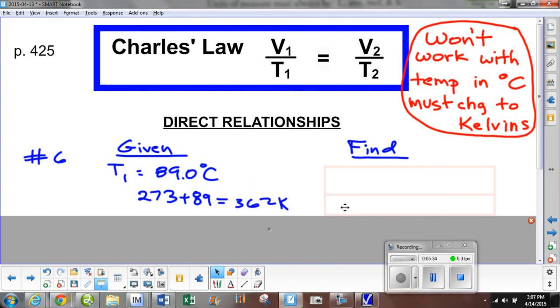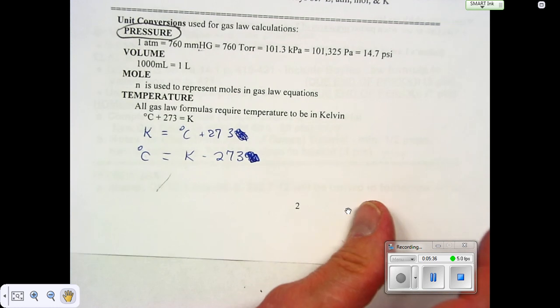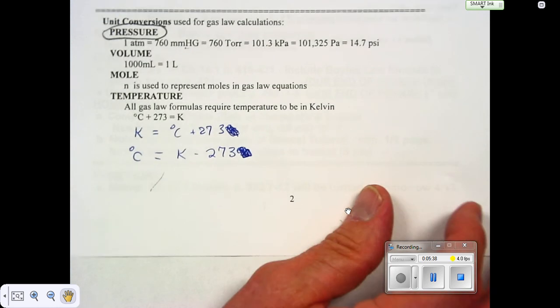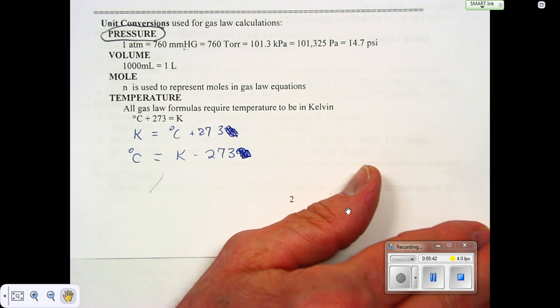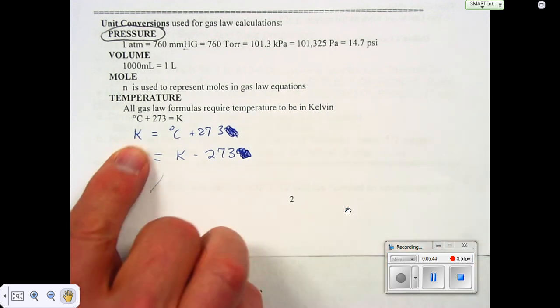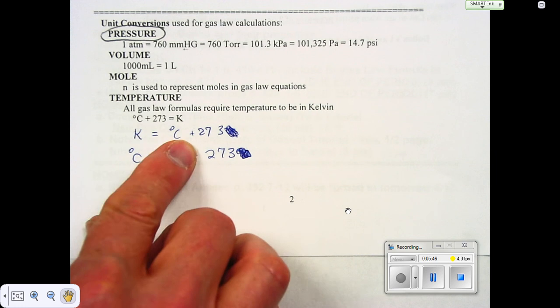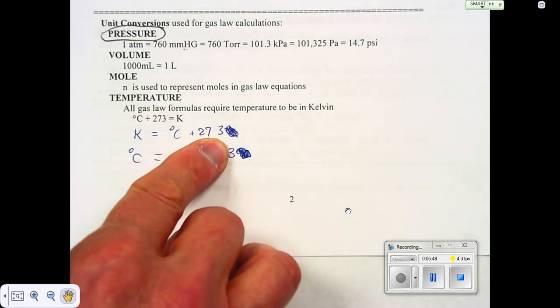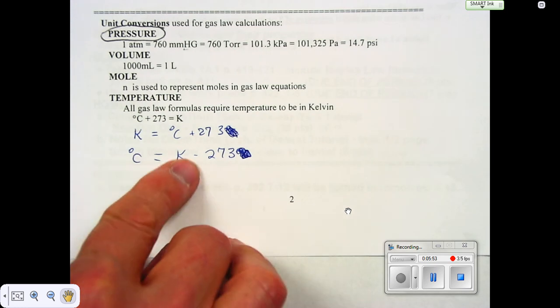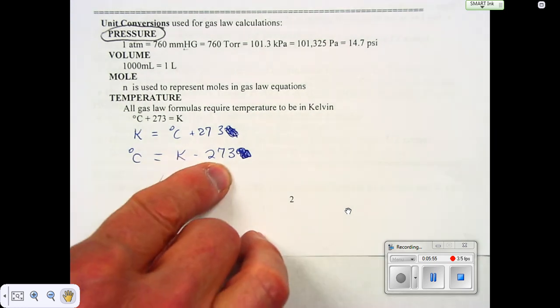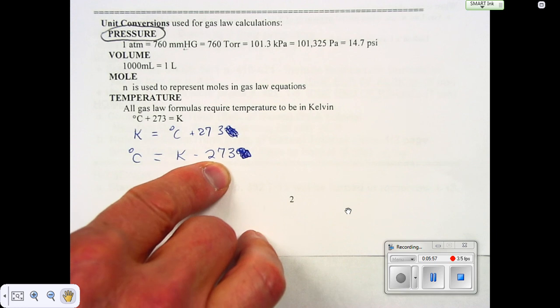How did I do that? Look over here, at the bottom of the backside of your handout for today. To find kelvins, we take degrees centigrade and add 273. To find centigrade, we take Kelvin and subtract 273.